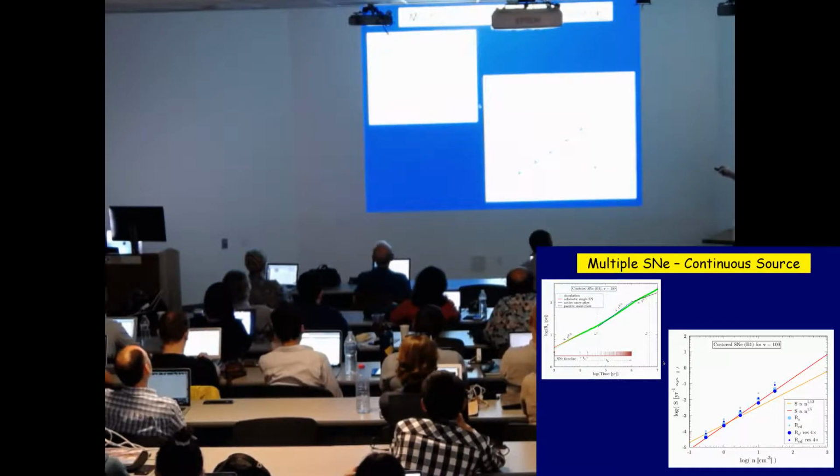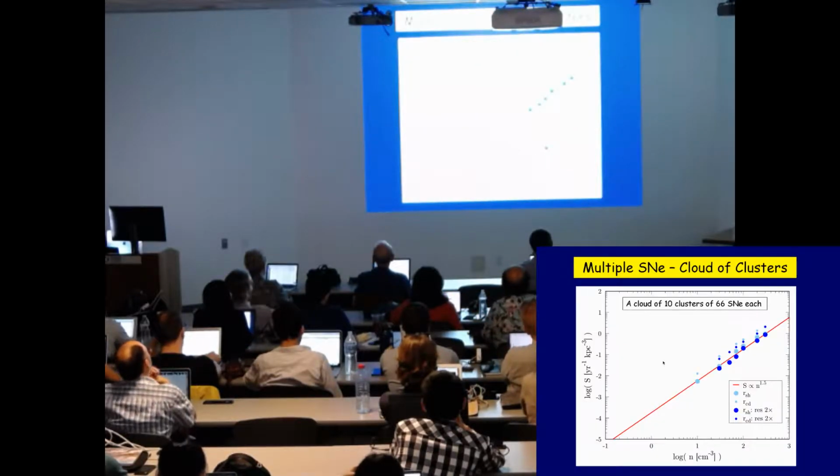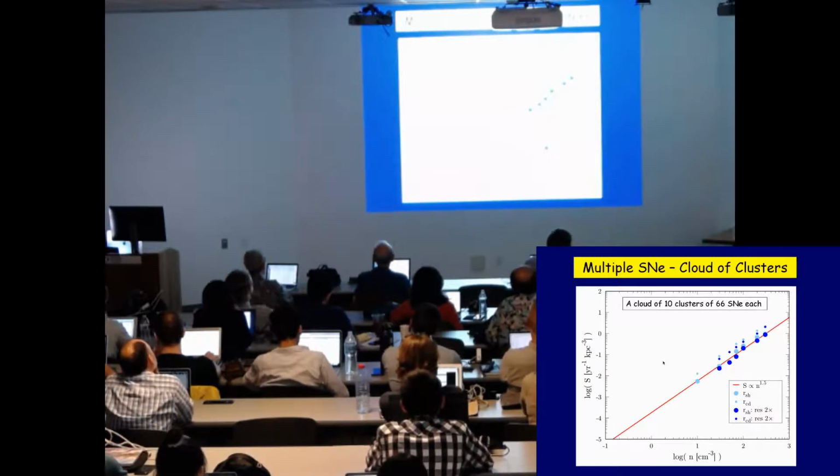You see the prediction is somewhat different. This would be the predicted value analytically in our model. Our model is too crude. The simulation, the spherical one, does converge again to 1.5 by some miraculous coincidence. And here is the last one, more realistic, a cloud of 10 clusters of 66 supernovae each. And again, you get something close to the 1.5 when you have enough resolution.